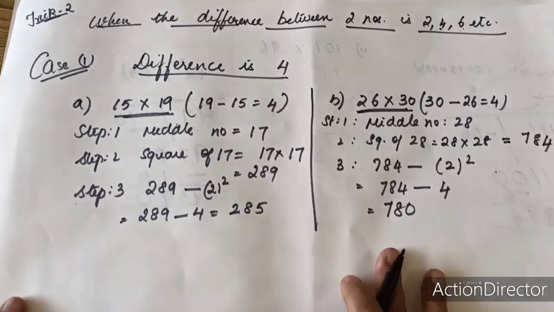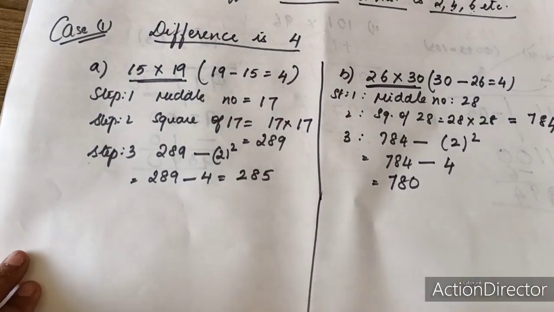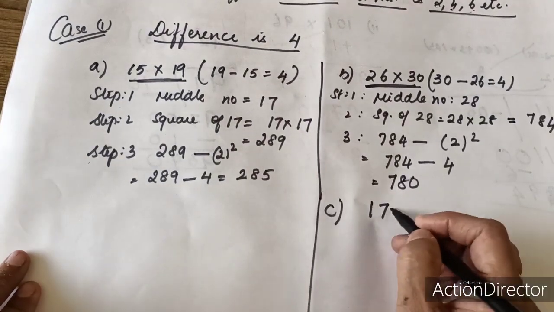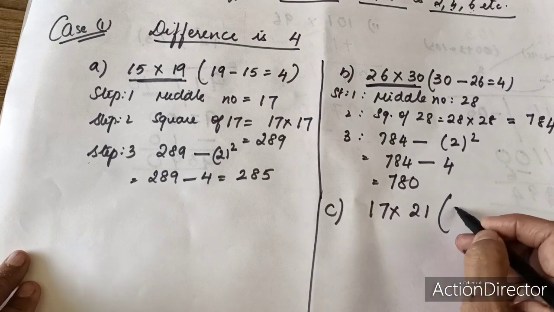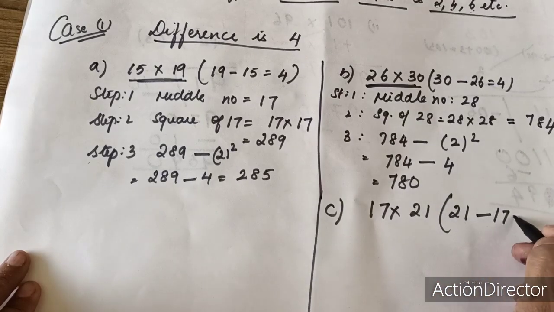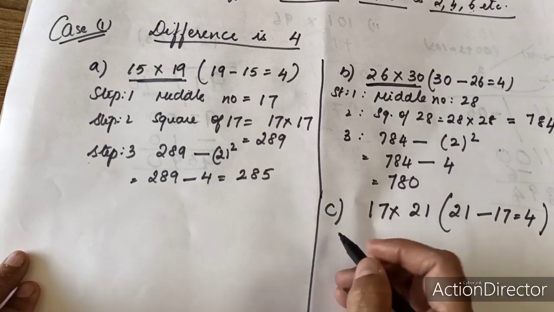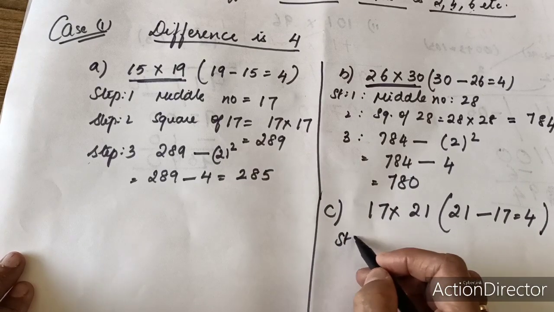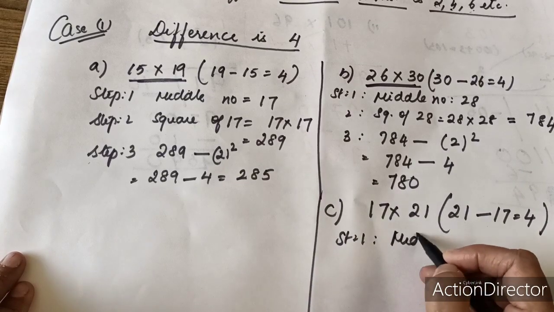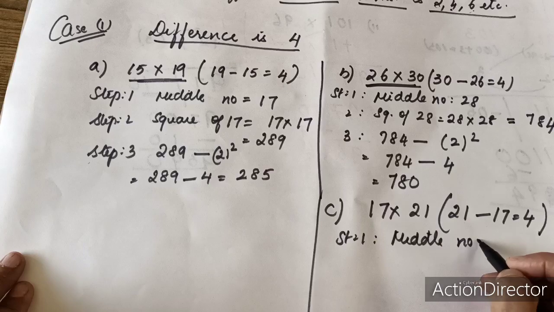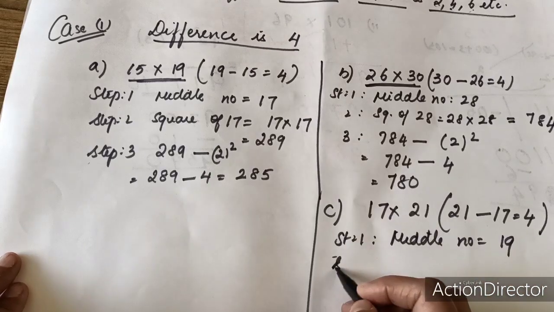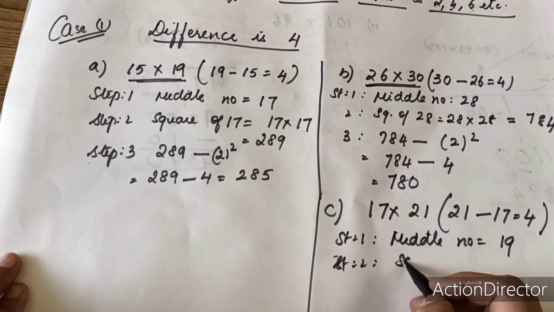Now let me do with one more sum. 17 multiplied by 21. 21 minus 17 is equal to 4. Difference is 4. Step 1 will be middle number. So middle number is equal to 19. Step 2 is to square the middle number.